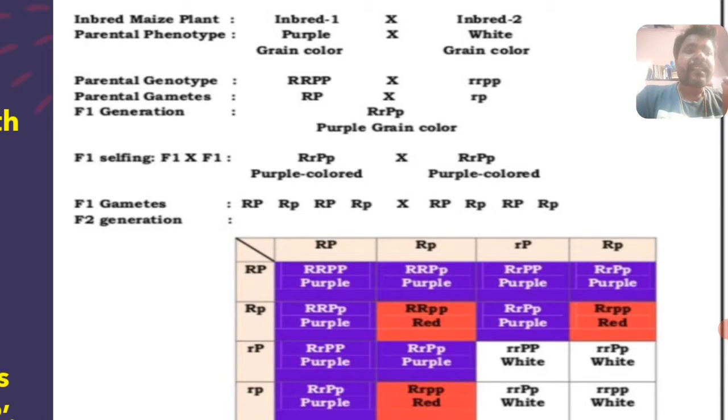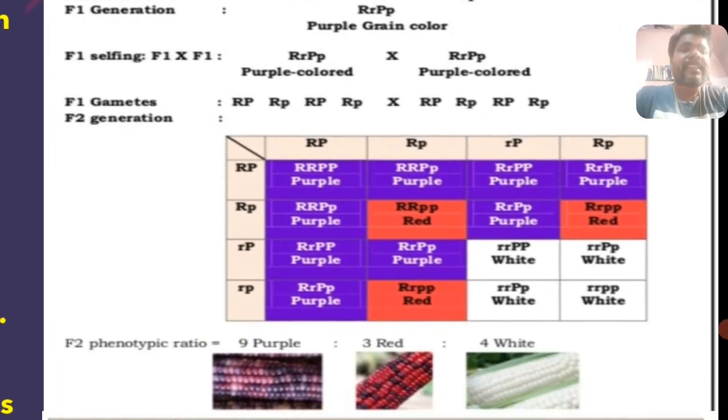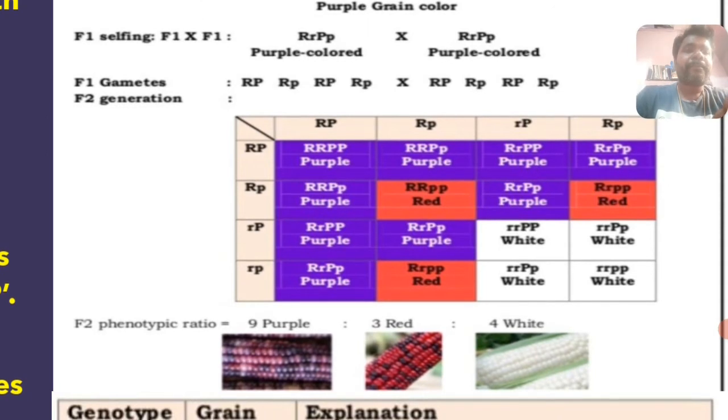So this F1 generation, which bears purple grain color, undergoes self crossing. F1 is crossed with F1, which gives the F2 generation. In this F2 generation, all the purple shaded zygotic combinations in the checkerboard have one capital R and one capital P in common.